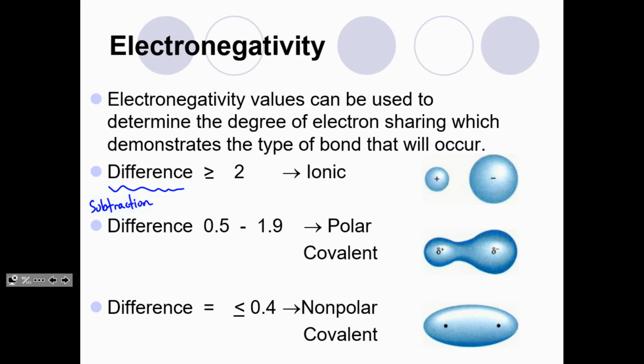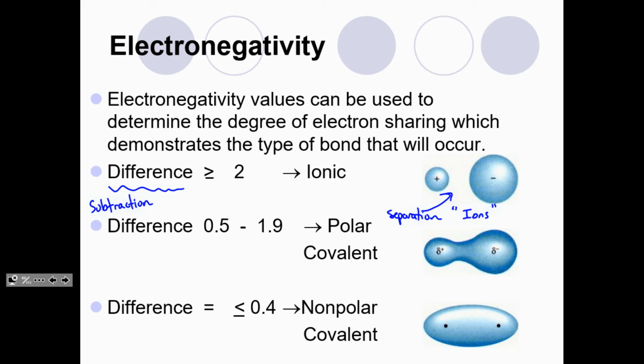We're going to see an example here in just a moment. If we have a difference of greater than 2 in the two elements, then we're going to have a complete separation. In this case, what we form are ions, and because of that, we have an ionic bond.